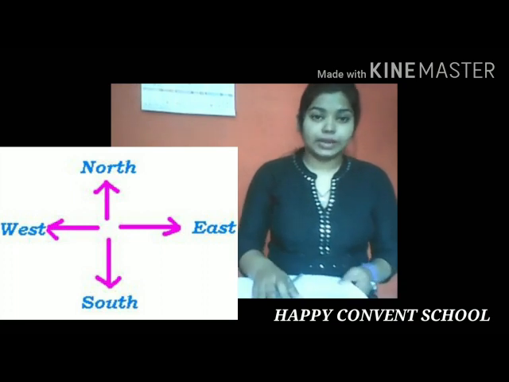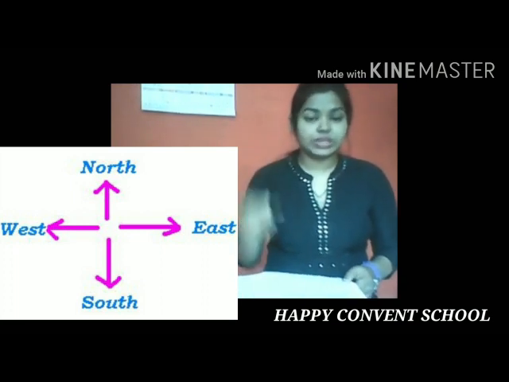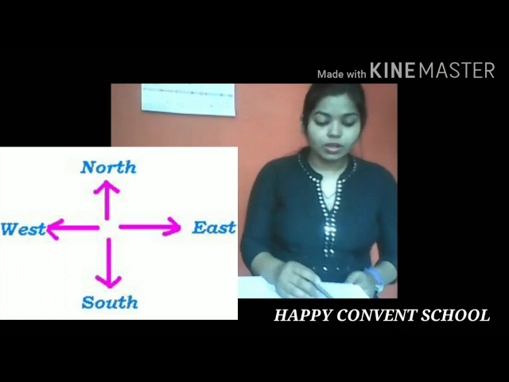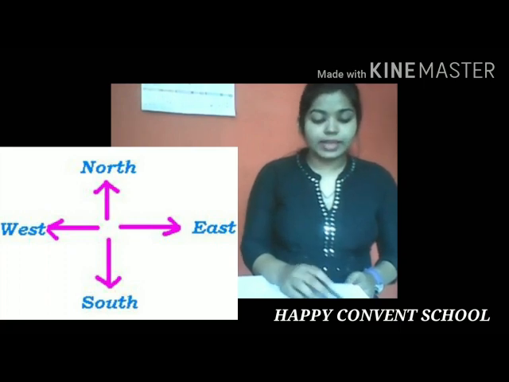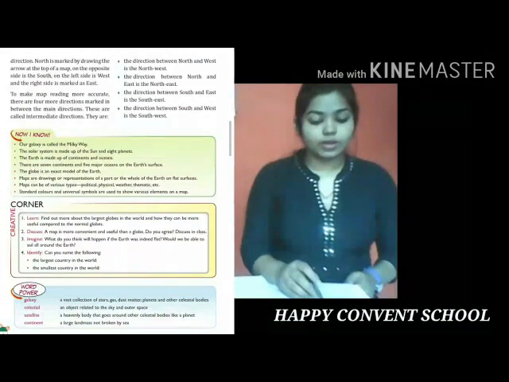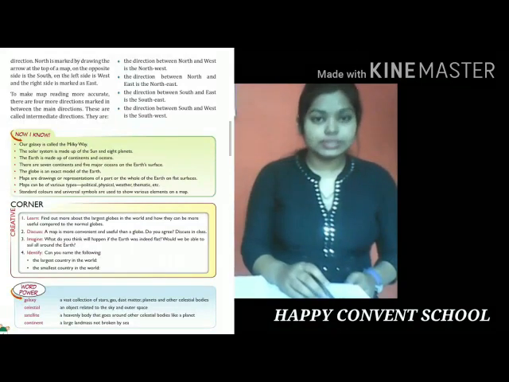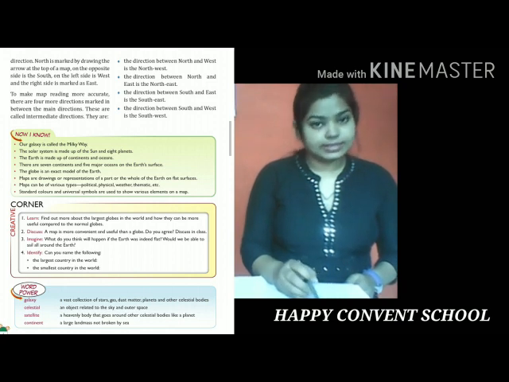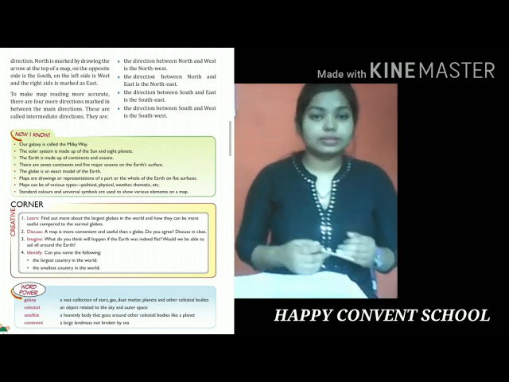With the help of the arrowhead, we get to know which direction it is facing. North is marked by drawing the arrow at the top of the map, on the opposite side of the south. On the left side is west and the right side is marked as east. So these are the 4 cardinal directions.